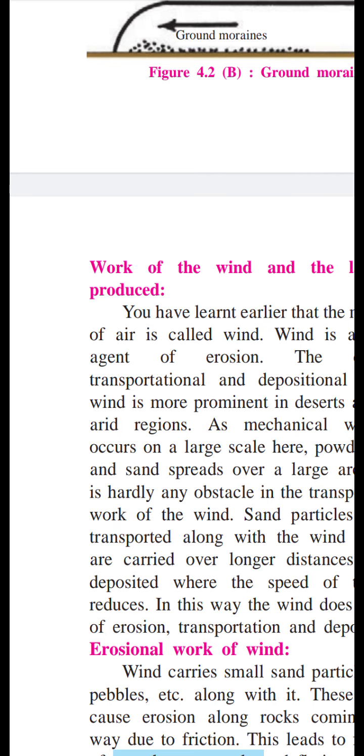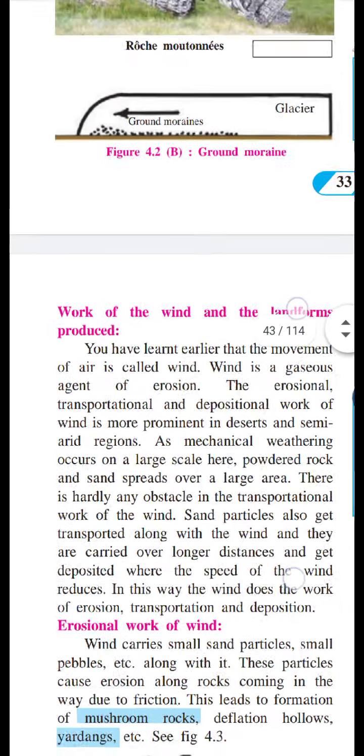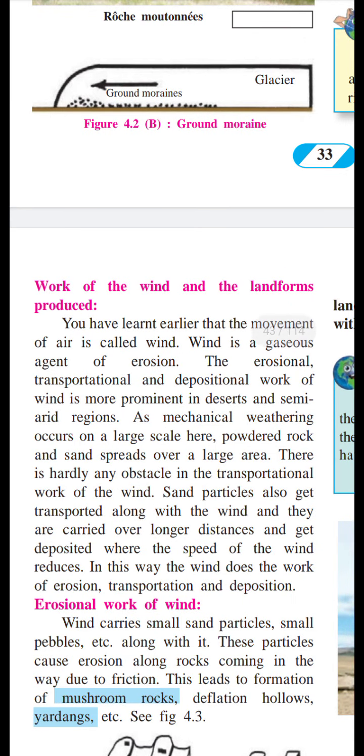Wind is a gaseous agent of erosion. The erosional, transportation and depositional work of the wind is more prominent in deserts and semi-arid regions.